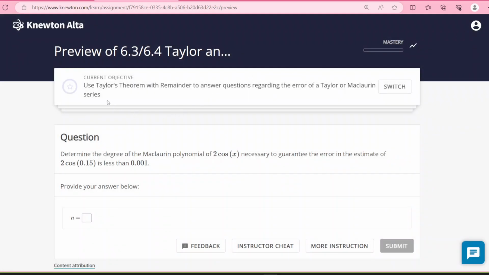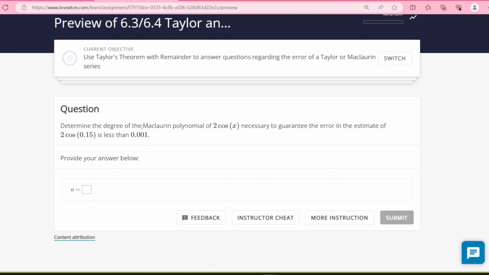Then on your main page, you've got the current objective, and beneath that, a question related to that objective. At the bottom of every question, you should be seeing a feedback button.